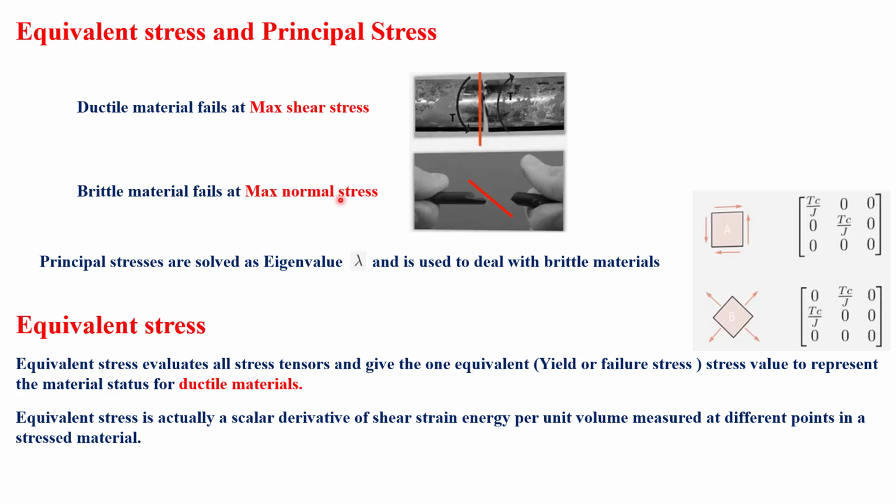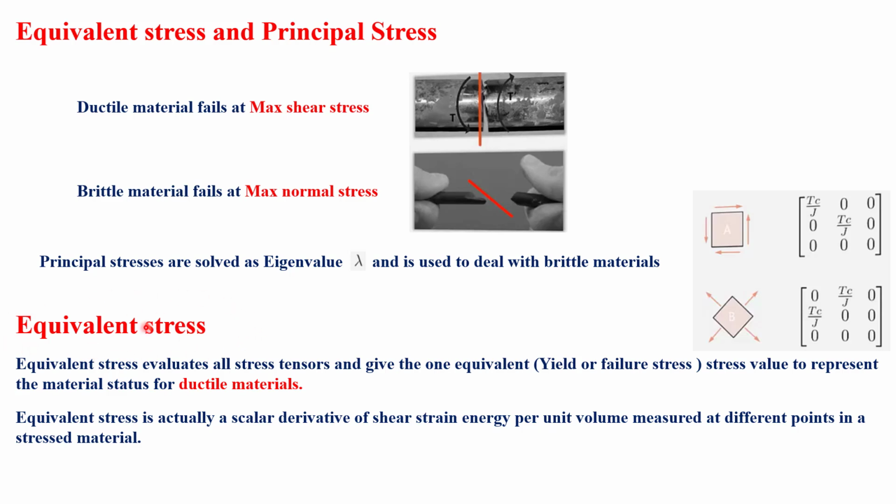Just remember these two. The principal stresses are solved as eigenvalues, and they are used to deal with brittle materials. So we consider the eigenvalues and take that into account to solve for the brittle materials.